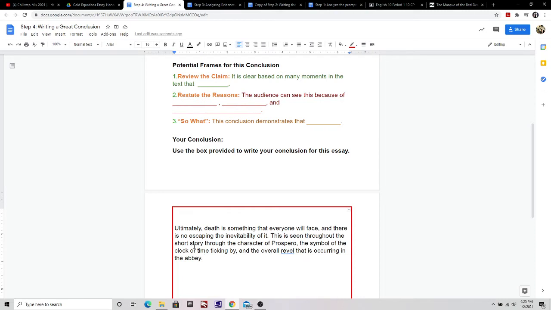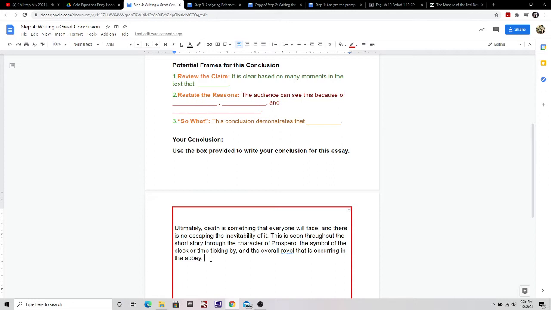My first paragraph was actually on the revel, but you'll notice that it's the last thing that I mentioned. This is to make it a little bit more fresh for my audience, so that it doesn't sound exactly the same, the same repetitive format happening again and again.